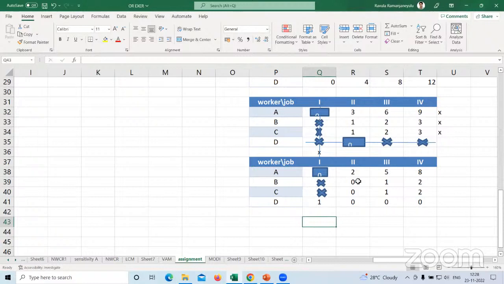Then in the second row, we can't go directly because there are 2 zeros, 1 was cancelled, 1 is left. Third row also we can't go, fourth row also we can't go, at the first time. Column wise if you search, the second column has 3 zeros, the third column has a single 0.